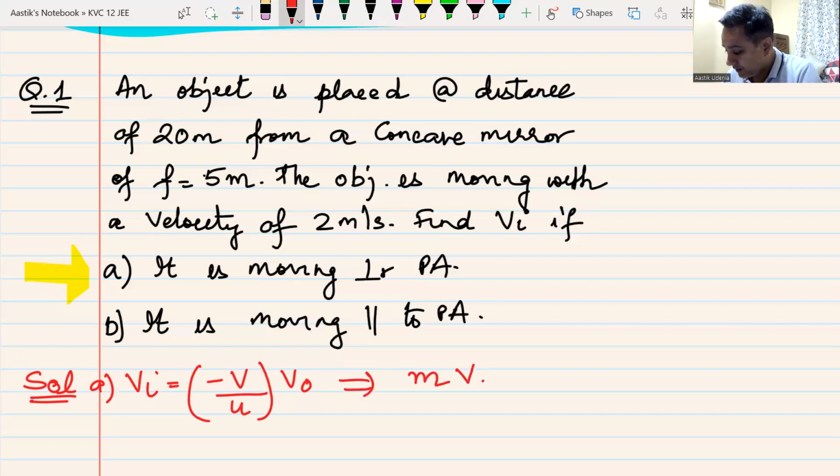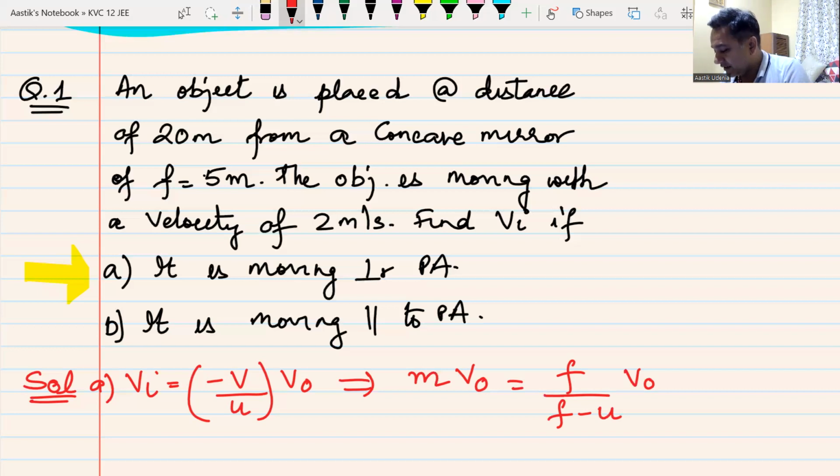So it's m times v0. And I had given you the shortcut formula for m: f by f minus u. Put the formula in this equation. Stay happy. Don't have to calculate v. First we'll calculate v, then divide it by u, then again take the minus. Let's do this now. We'll get the answer straight away.